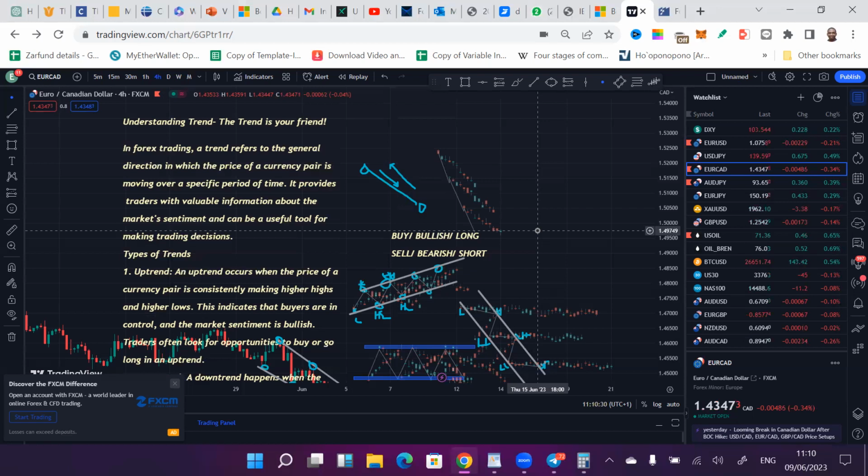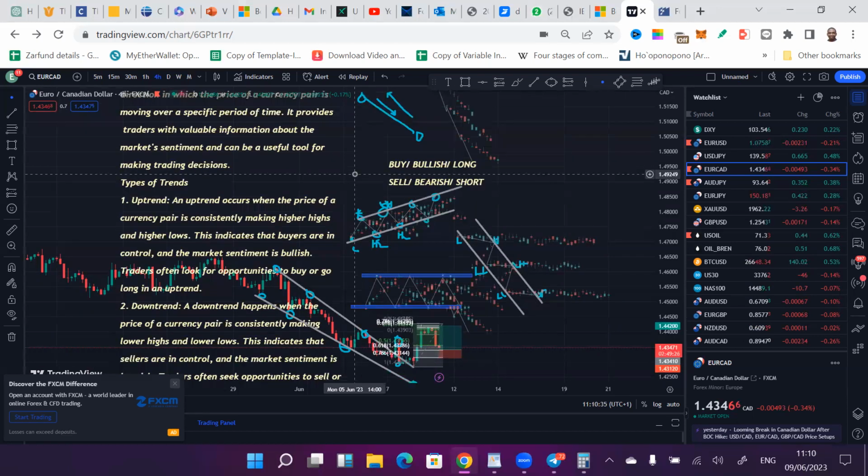We've said that when it comes to uptrends, you are looking for buy trades. When you identify an uptrend, you are looking predominantly to take buy trades. Now, price doesn't only move up in an uptrend. You will see points where price will move down on a temporary basis in an uptrend as well.